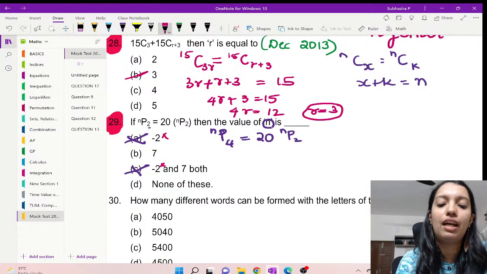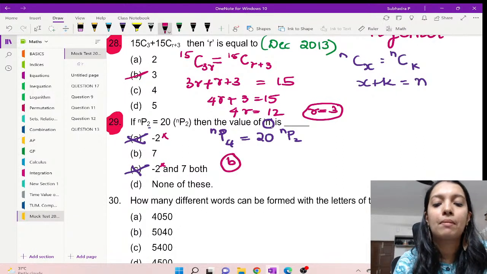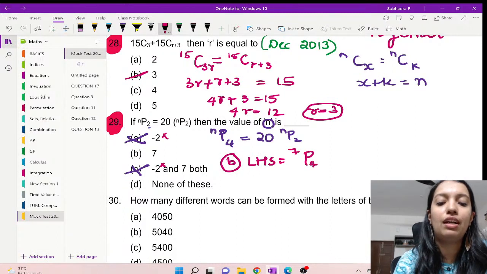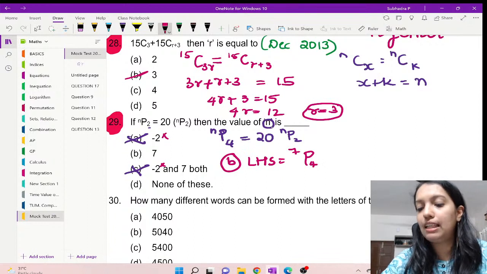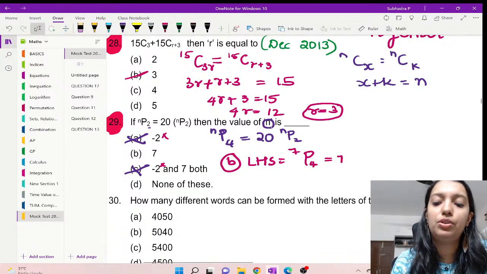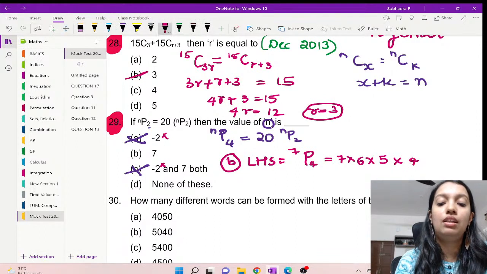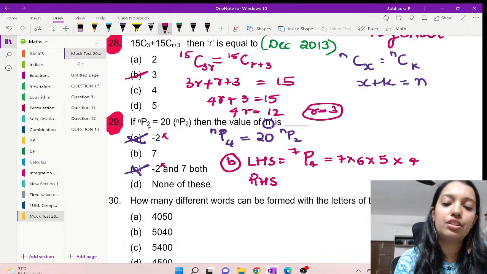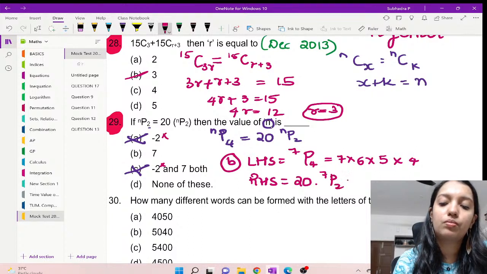So let's verify from option B. I am taking LHS. What is it? 7P4. In place of n, I replaced it with 7. 7P4 will be equal to 7 into 6 into 5 into 4. Now I am writing RHS. 20 into 7P2.